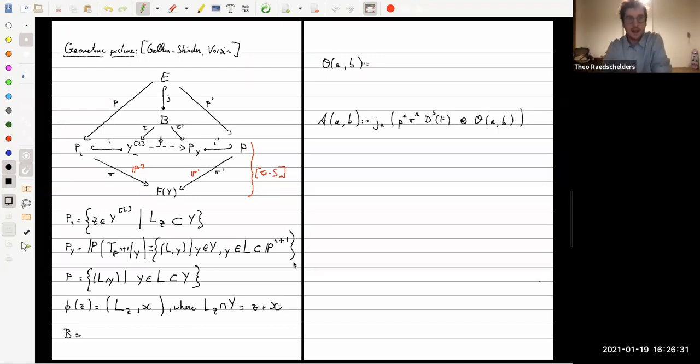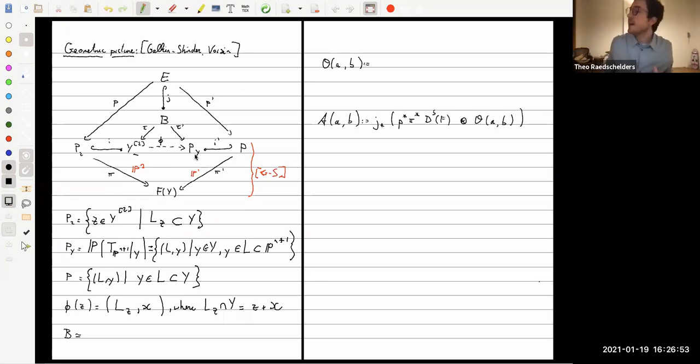And of course, we land in the open complement of this Py, and we can also go back: if we take a point in Py, not in P, then by intersecting it with the cubic, we get a length 2 subscheme, and we send it to that corresponding length 2 subscheme. So this defines an isomorphism of these open complements.